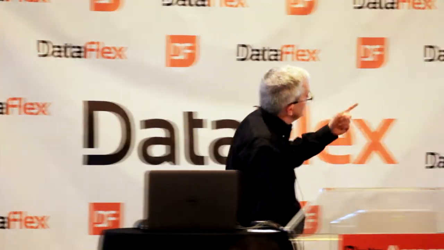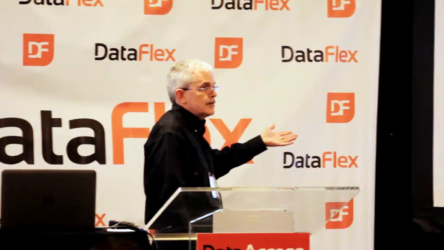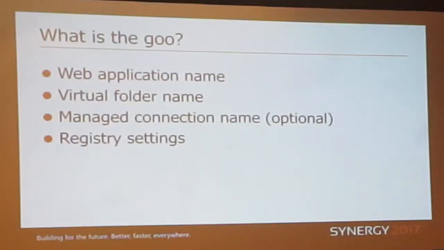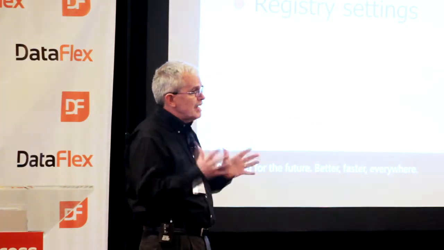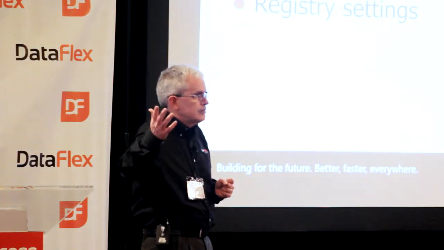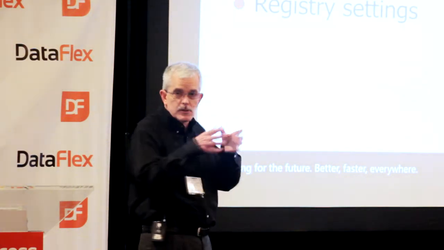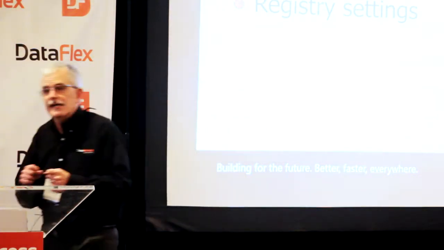And then I need, if I'm using SQL and I'm using the new managed things, remember I've got that INI file out there, the dfconid.ini, and in there's a name that I'm using. I need to know what that managed connection name is. Because remember, it all comes down to the logical name of the managed connection. Remember, order. And order might be pointing to this database or that database, but it's order that's the glue that ties it together.